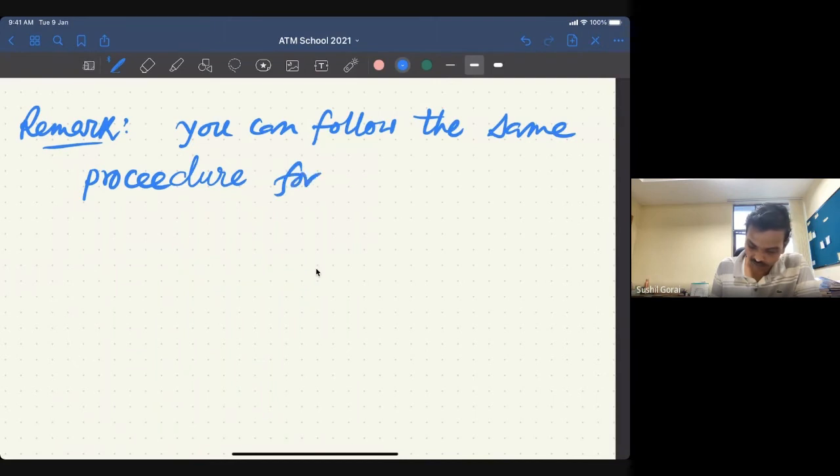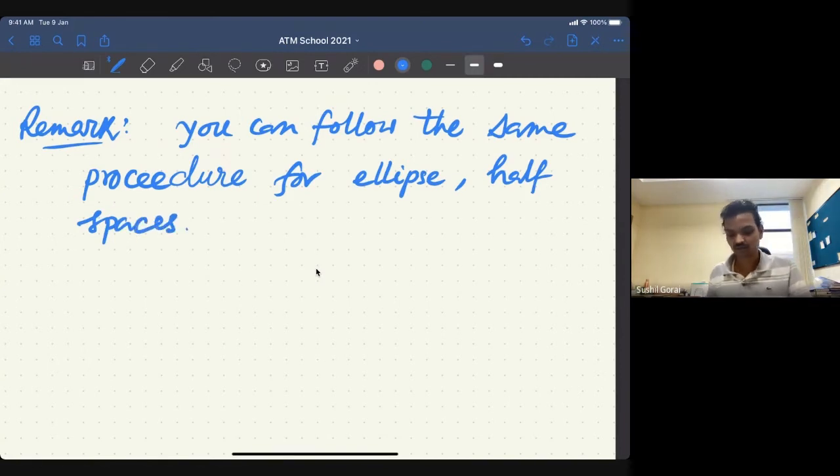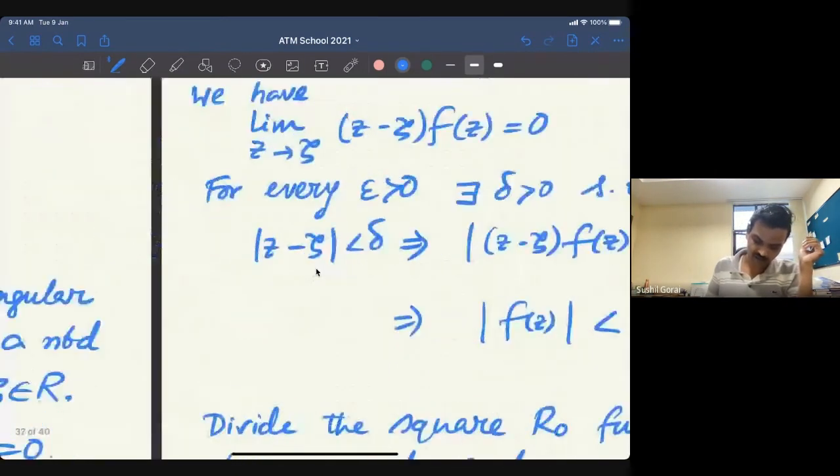For ellipse, half spaces, and so on. And you can modify a little bit here.